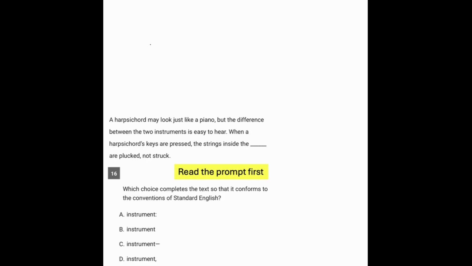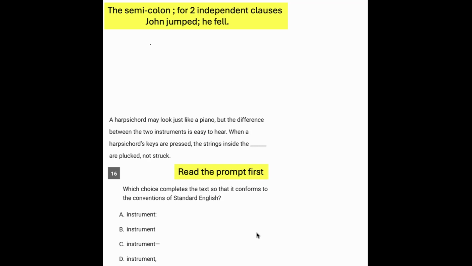So let's take a second to talk about the colon, the semicolon, which is not here, but you need to know it anyway, and the long dash. The semicolon is used for two independent clauses. By the way, a clause has a subject and a verb, like "John jumped" or "he fell." So the verb is obviously "jumped," and the subject is the one that is doing the verb.